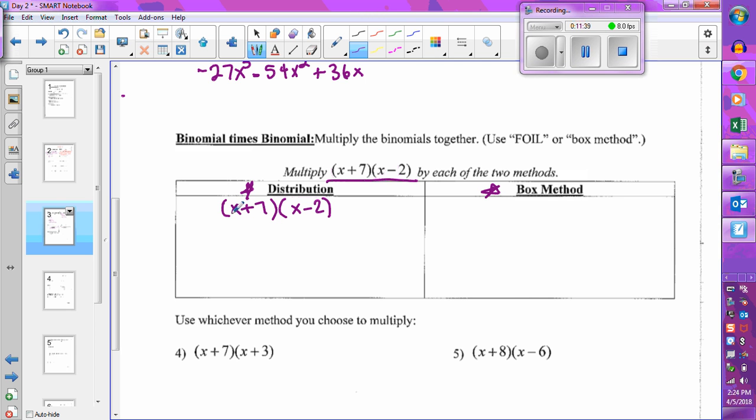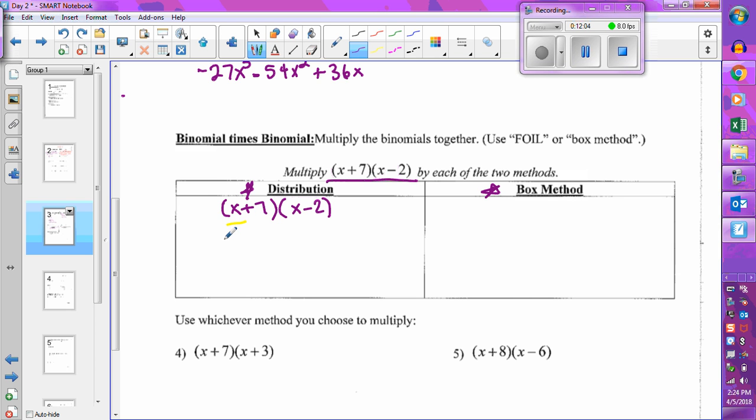So we're going to take the first terms in parentheses. Anyway, so you're going to take your x here, okay?